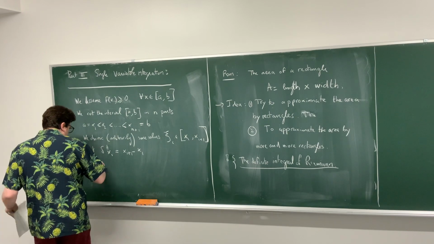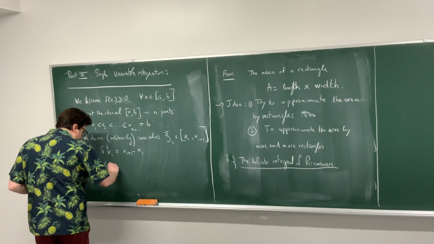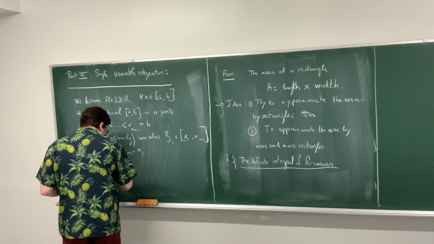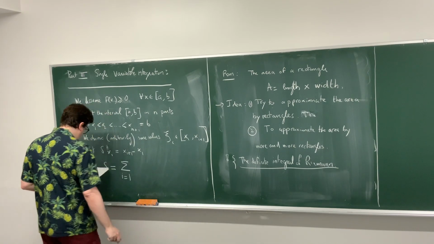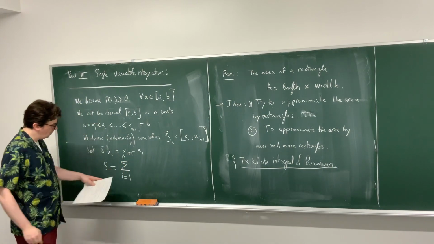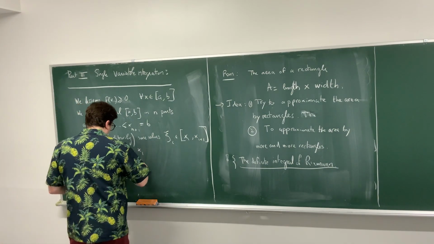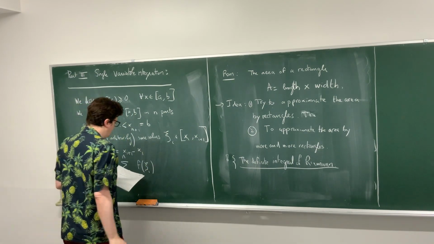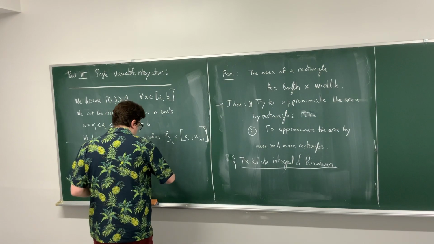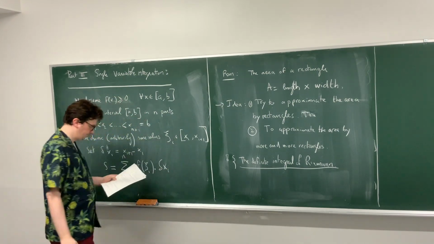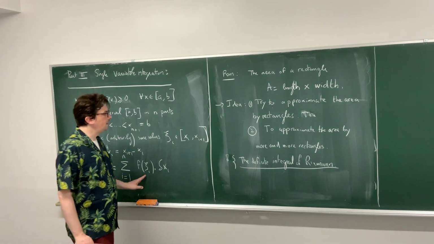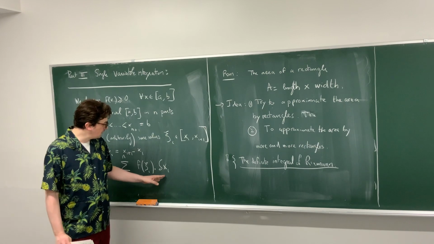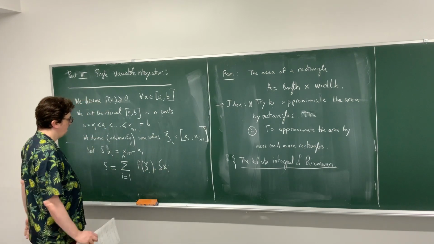And now we set S to be the summation. So this is this symbol, I don't know if you have seen it before, but it means the sum for i equal 1 to n of the following value. You will consider f of xi* times delta xi. So one represents the length, and the other the width of the rectangle.